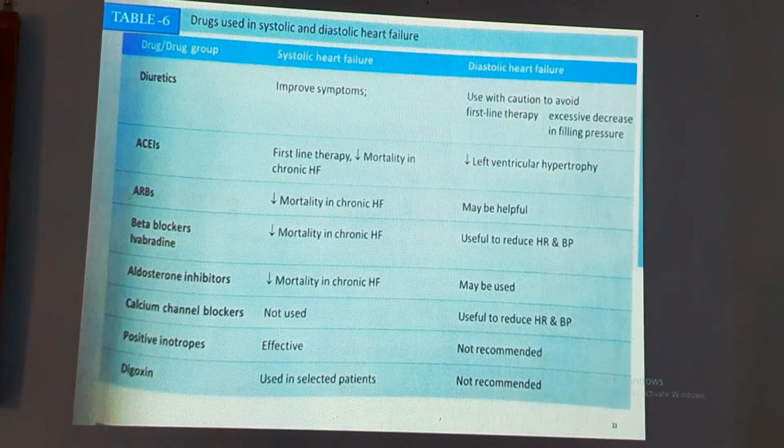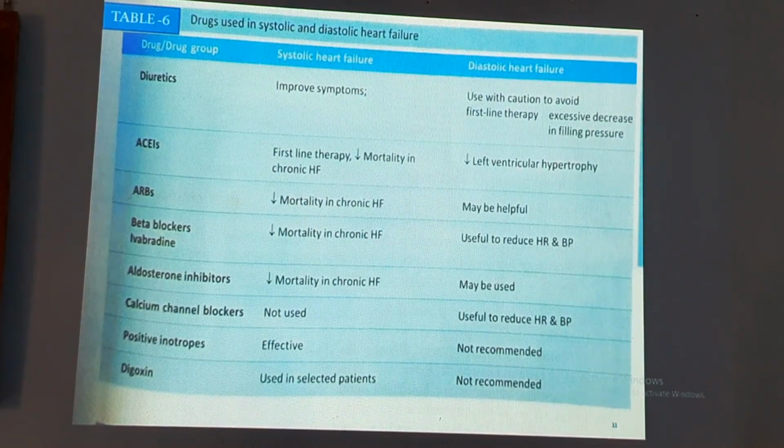In diastolic heart failure, the heart is not filling adequately. So drugs used in both these heart failures are shown in this diagram.